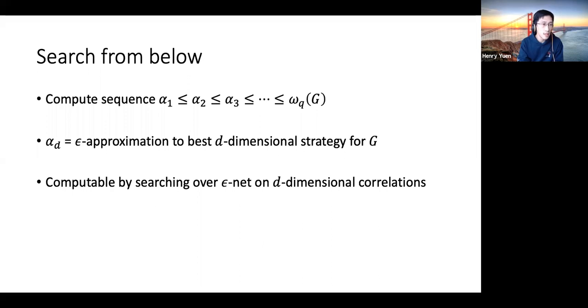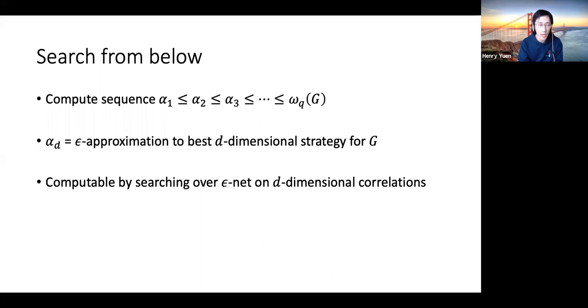For a fixed D, alpha D is some epsilon approximation to the best D-dimensional strategy for G. And if you fix a D, you can compute this number. One way to do that is just by searching over an epsilon net on the space of D-dimensional correlations, which is a compact set.